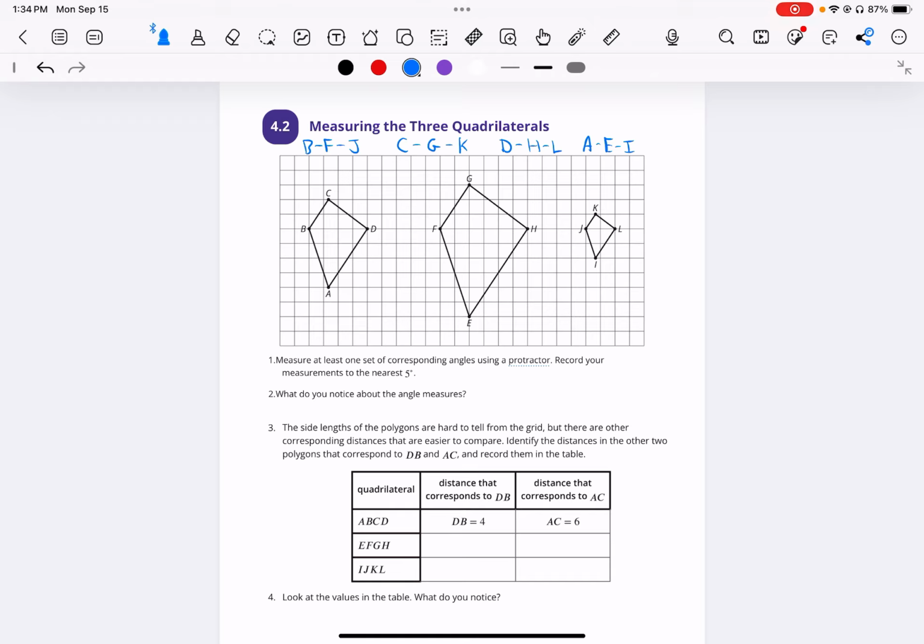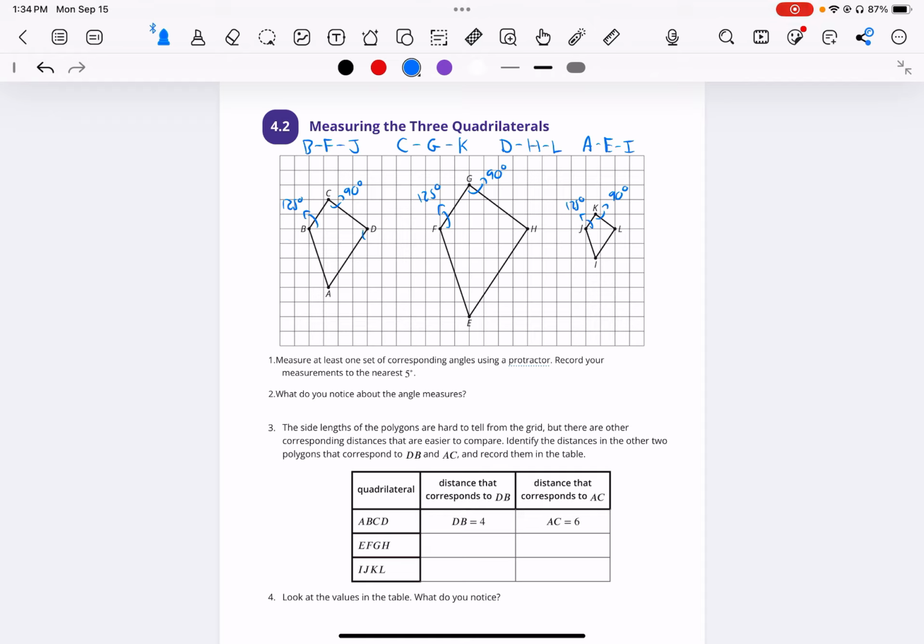Now I measured them, so I'm just going to give the measurements. Angle B is 125 degrees. Angle F is also 125 degrees, and angle J is 125 degrees. Angle C is 90 degrees, G is 90 degrees, and K is 90 degrees.